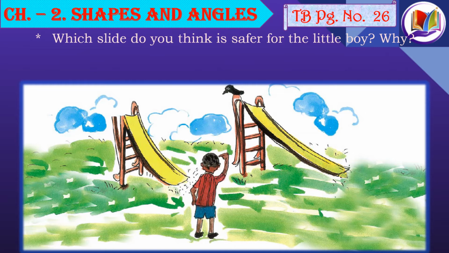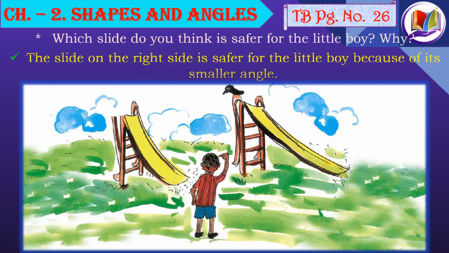Whereas the second one has smaller angle and the slide is a little longer, so the boy can slide down slowly and safely. So which slide is safer for the boy? The second slide, that is on the right side, is safer for the little boy because its angle is smaller.